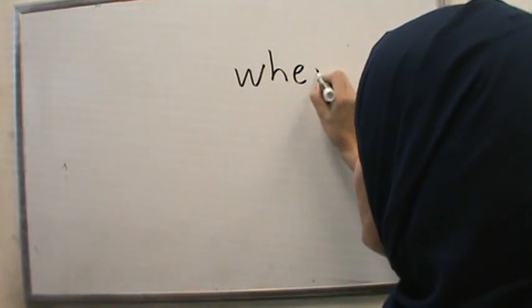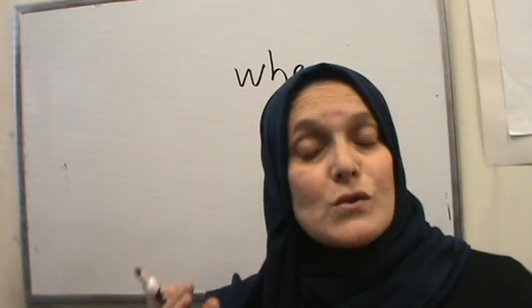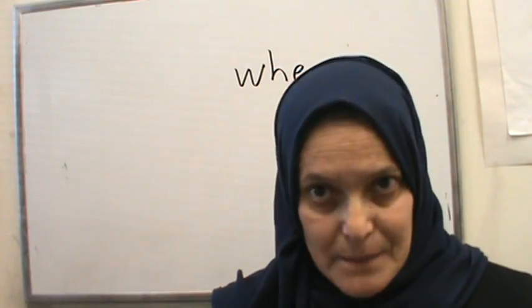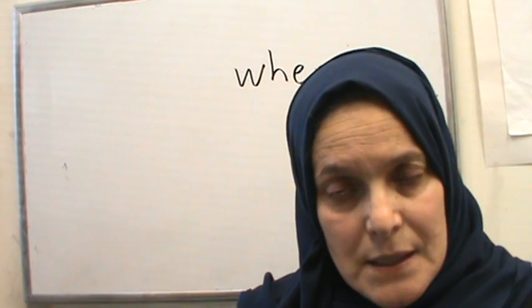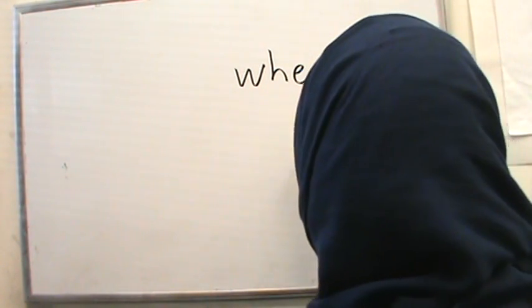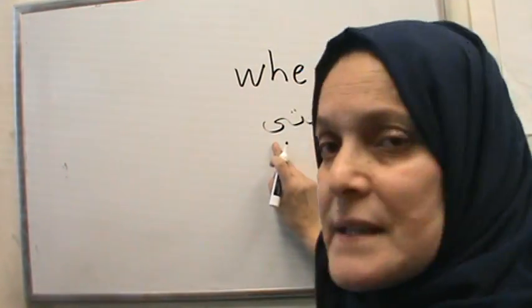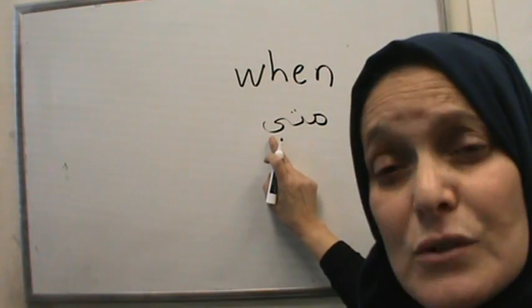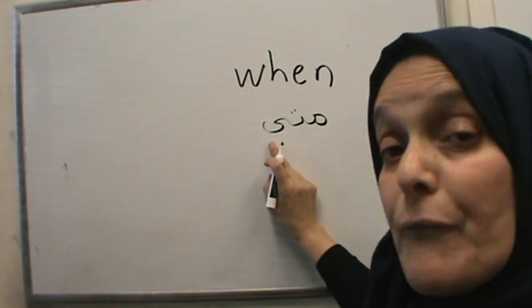And then we have when. Again, we have two forms of when. When that goes with question and when that goes with statement. The when that goes with question is meta. This is an alif maksura. It's a chopped alif. It looks like a ya, but it doesn't have two dots. It's a form of a.